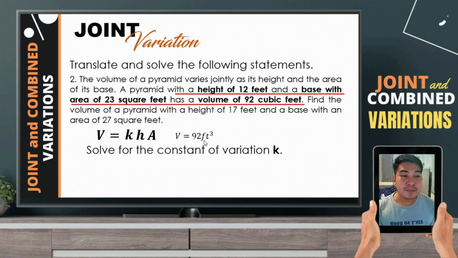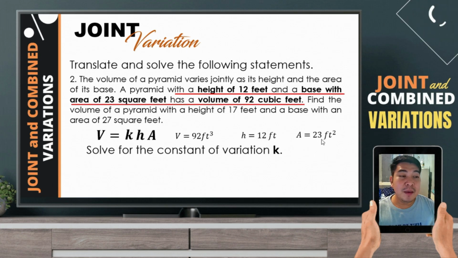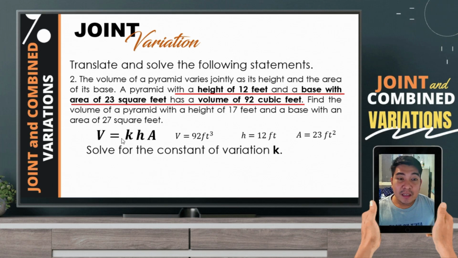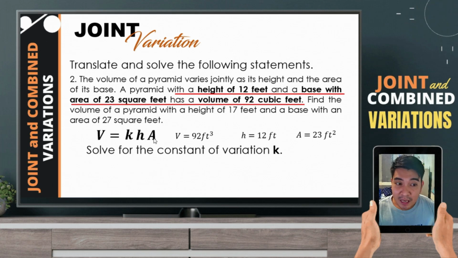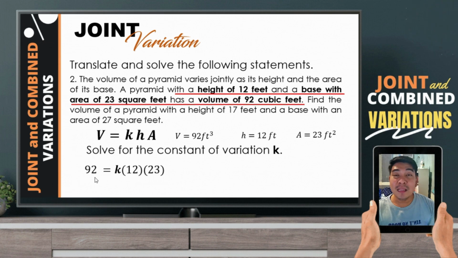So we can use this. The volume is 92 cubic feet, the height is 12 feet, and A, or the area of the base, is 23 square feet. So we will be using V is equal to KH times A. Substituting the value of V is 92, H is 12, and capital A is 23, that will be 92 is equal to K times 12 times 23.